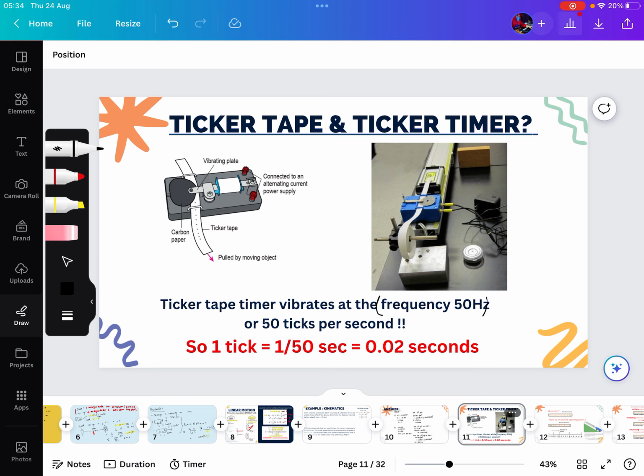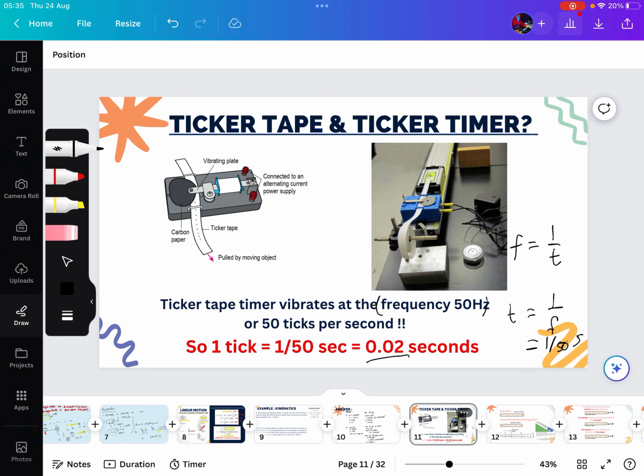As you know, frequency is f, and f equals 1 over t. Sorry for that. It is the reciprocal of time. Because it is 50 hertz, time is 1 over f, which is 1 over 50 second. 1 over 50 second is 0.02 second. That's the time for one tick.